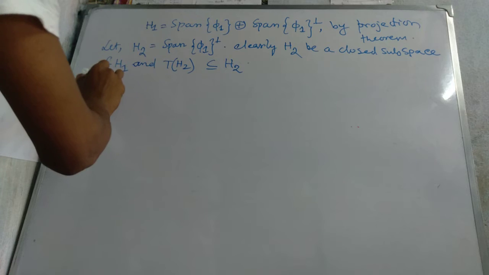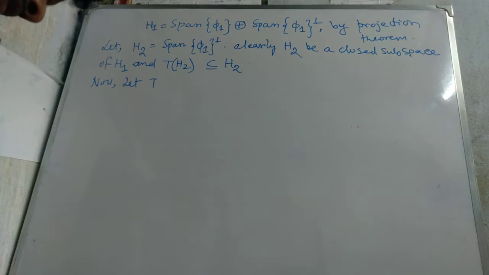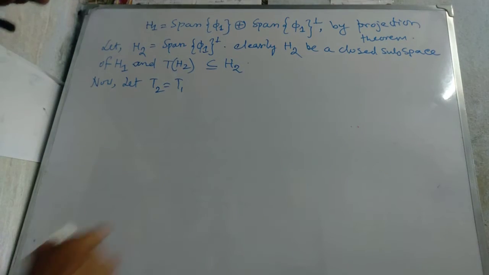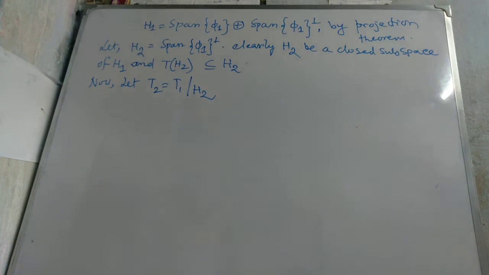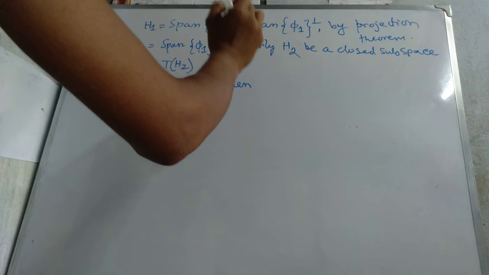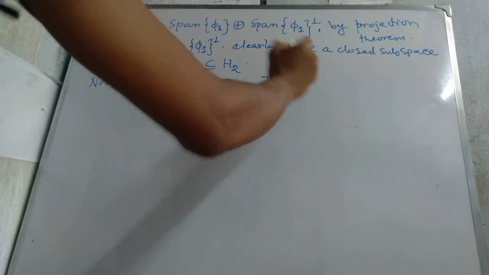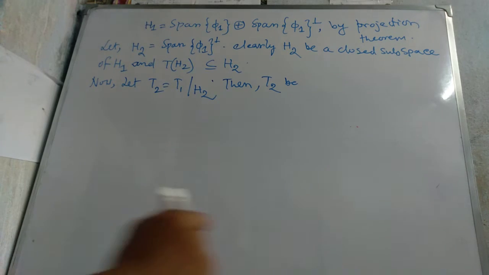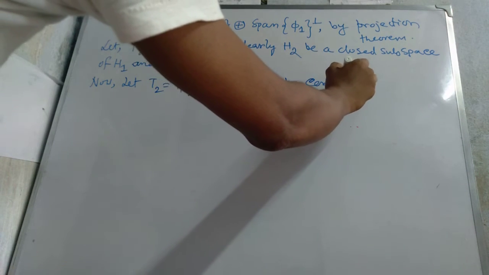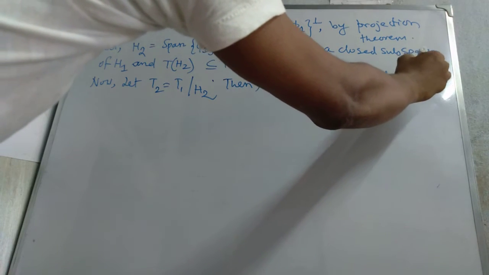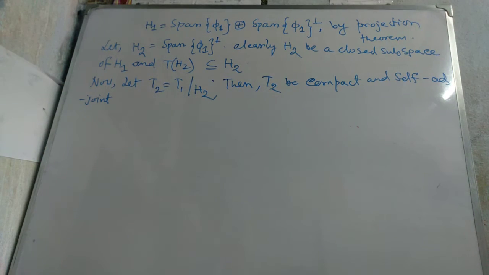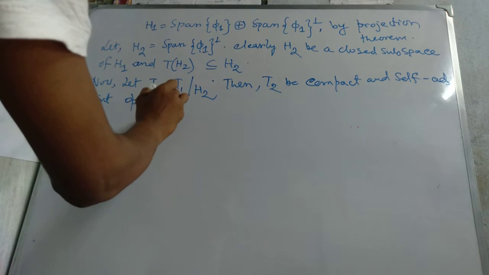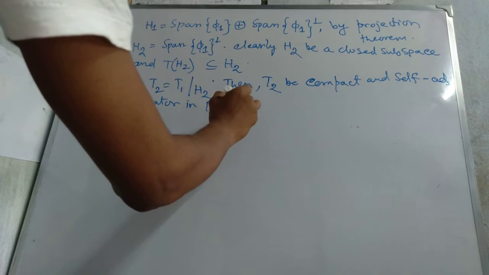Now let T2 equal T1 restricted to H2. Then T2 is a compact and self-adjoint operator in B(H2).